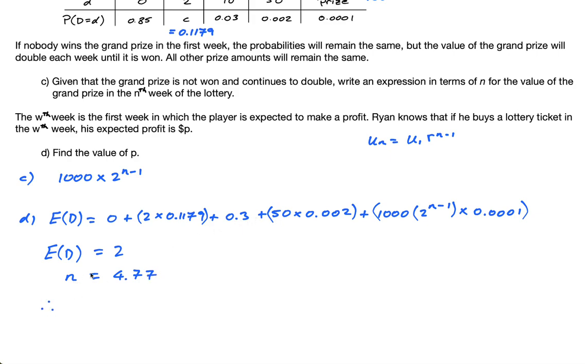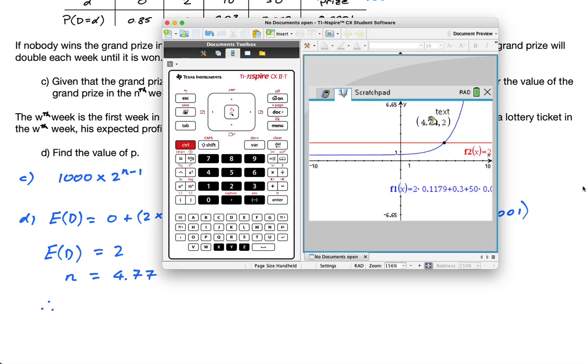Therefore, if n is 4.77, which week is W? Well, you can't have the 4.77th week. It's either the fourth week or the fifth week.